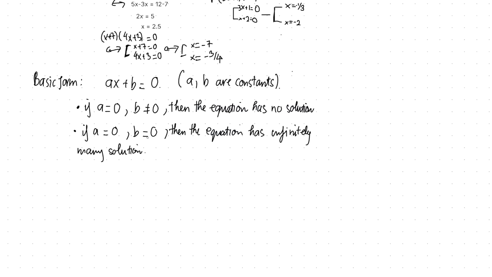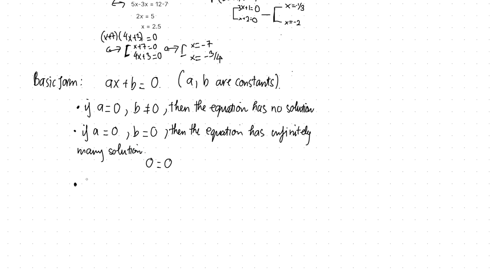Basically, in this case we will have the form 0 equals 0, which is always right. So the solution set of this kind of equation will be infinitely many solutions.